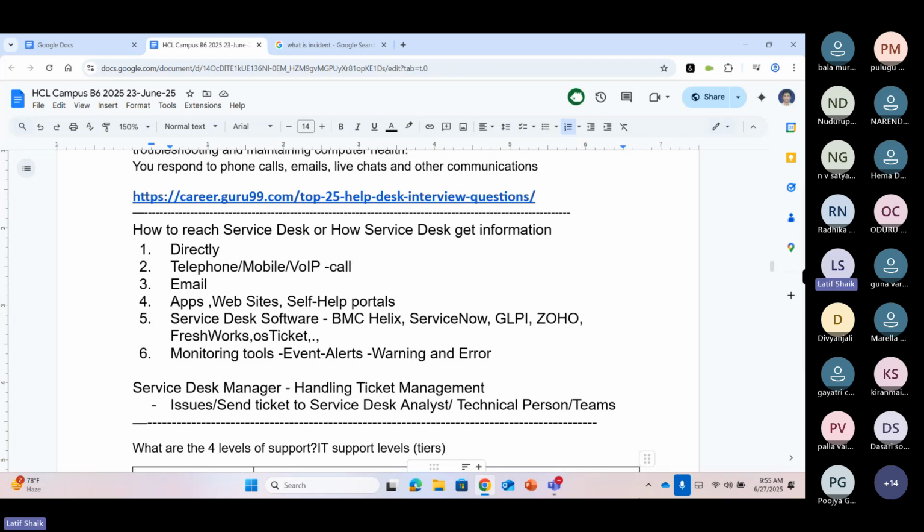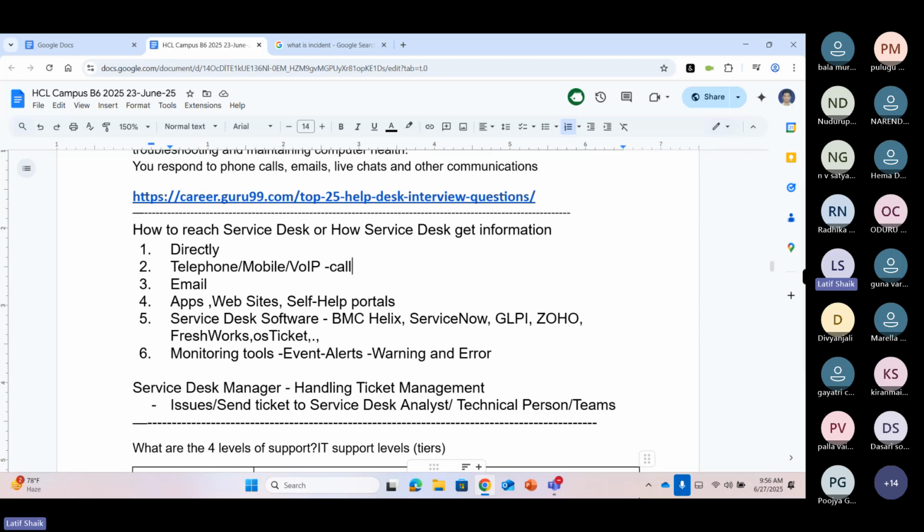So when I showed the demo, I also told them what it is. It is the service desk manager handling the ticket, or sometimes level 0 service desk people in service level 0. Your self-help portals, service desk software and that kind of thing also come under level 0, because all together we are handling the tickets to understand the customer requirements through the ticket.